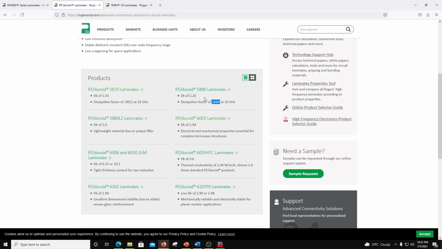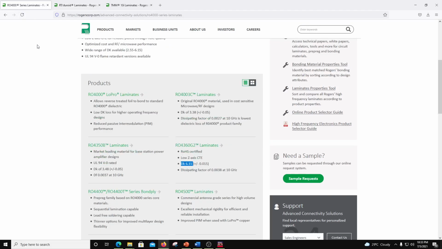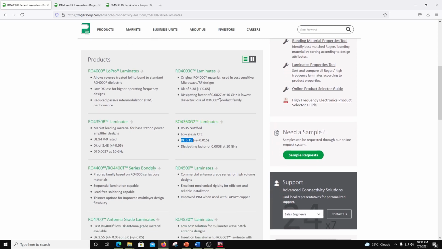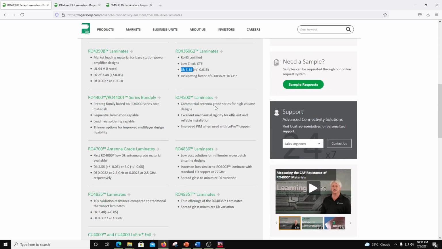So you can see 5880 has 0.0009. So that's your loss tangent in case of RT Duroid 5880. So this is very good for loss considerations. Now if you look at this one, the loss tangent is not going to be so good. Okay, it shows 0.002, but it should be like 0.2 or 0.3 in FR4.